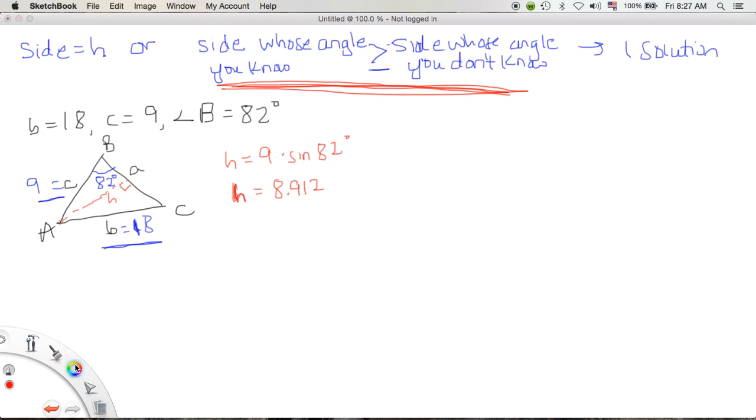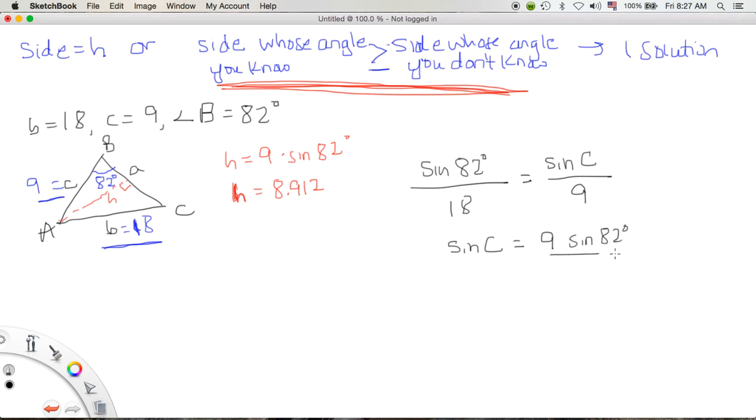So how do we solve this one then? Well, we are looking for some angles. So we've got the sine of 82 degrees over 18. Remember, always set up with the one that you know both parts of first, equals, let's just find C first because that's the one where we know the side on. So the sine of C equals 9 times the sine of 82 degrees over 18.